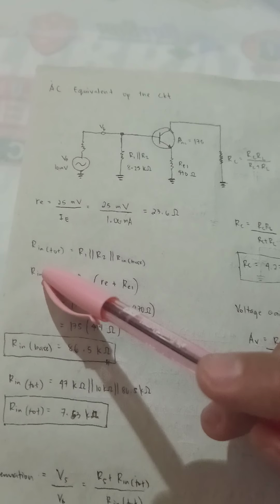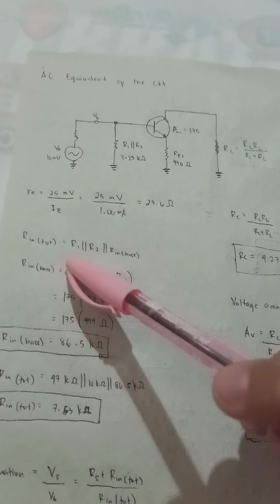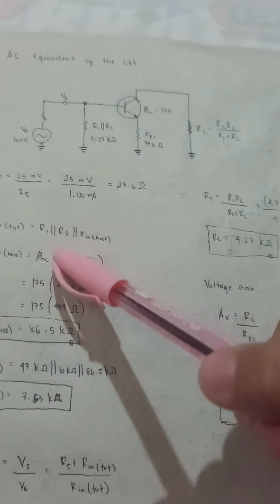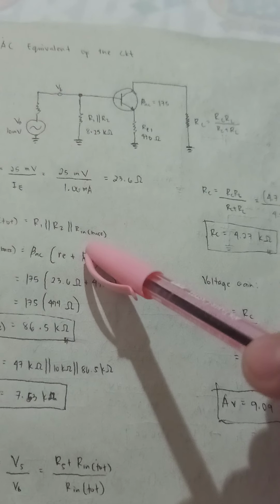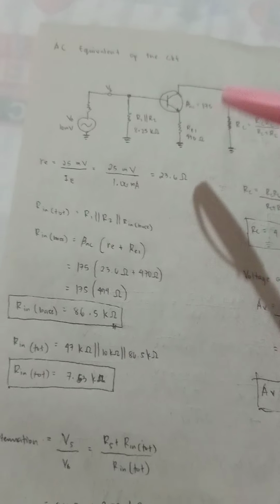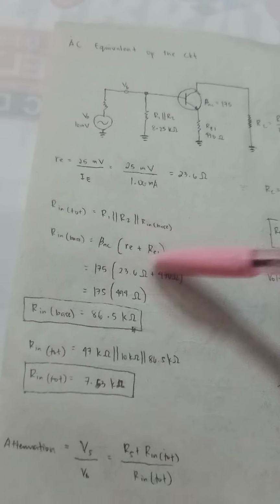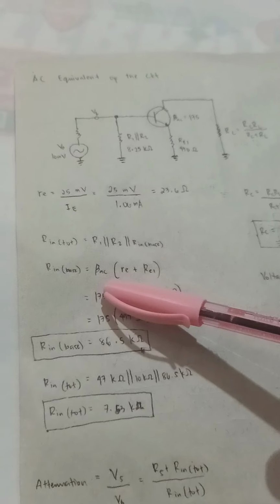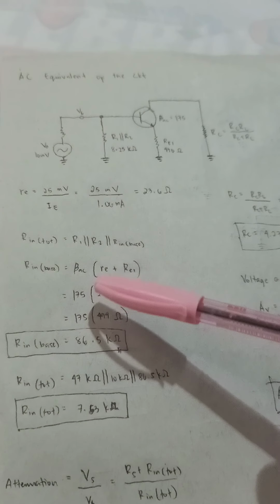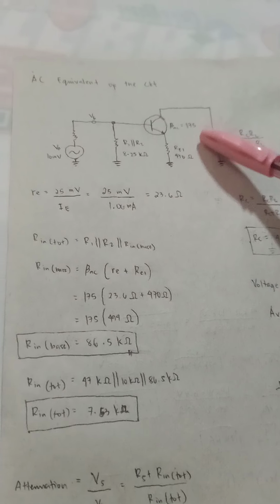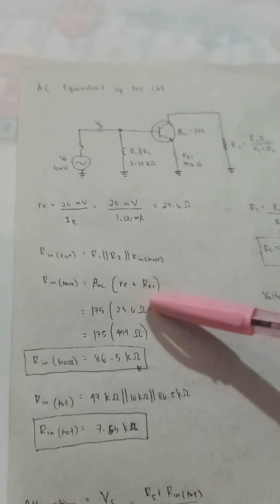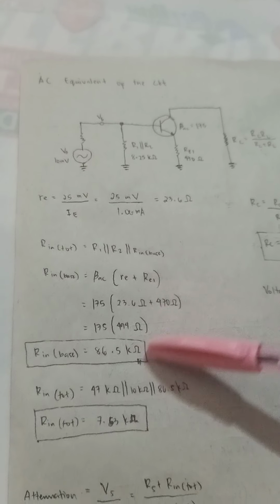And for the total resistance, R in total is equal to R1 parallel with R2 parallel with the resistance at the base. So first we must find the resistance at the base. The resistance at the base is equal to beta AC, which is 175, multiplied by RE plus RE1.